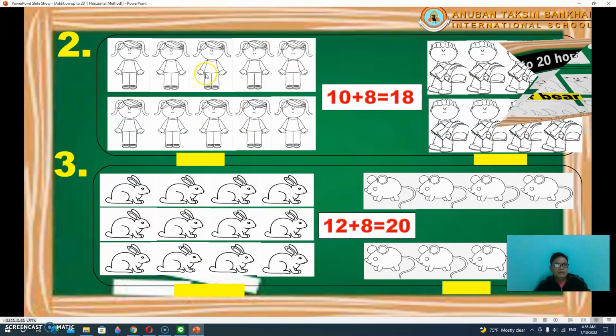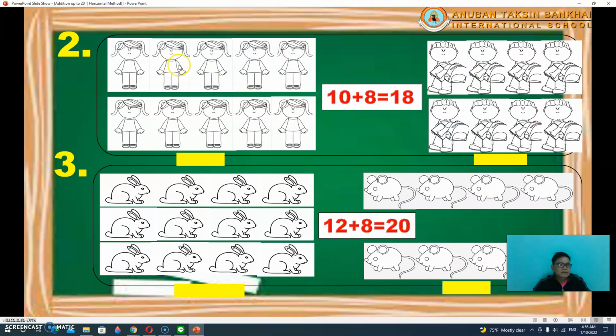Number 2. What are these? These are girls. How many girls are there? 1, 2, 3, 4, 5, 6, 7, 8, 9, 10. Plus these boys.